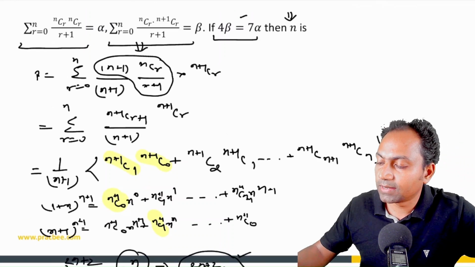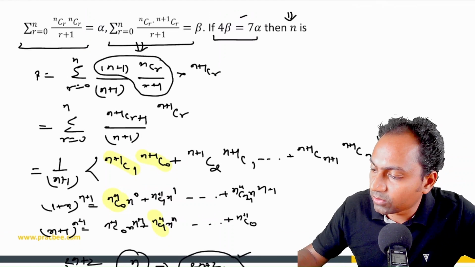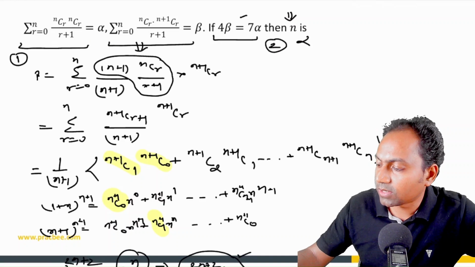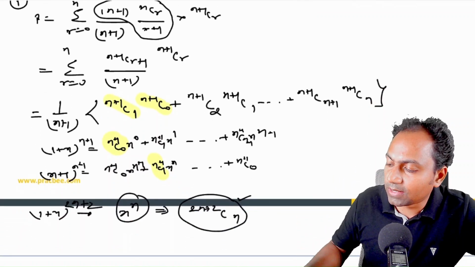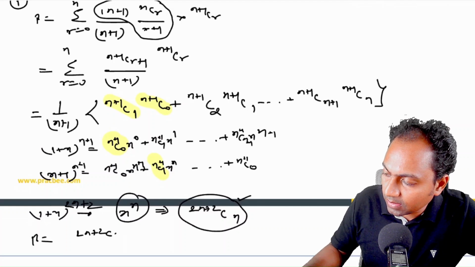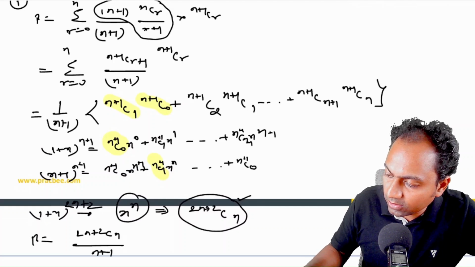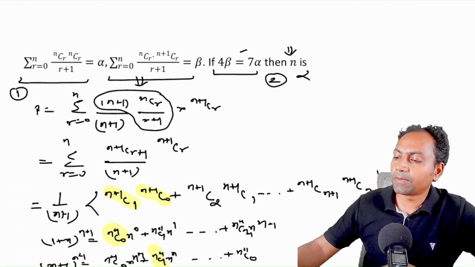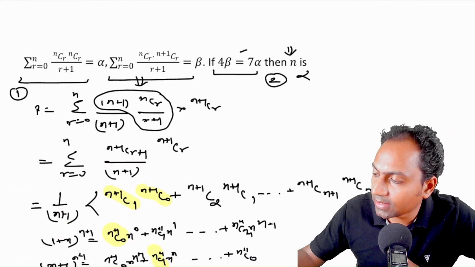Now in the second, if I do a similar kind of calculation, this is for beta. If I do the similar kind of calculation for alpha, you can see that for beta, there was 1 upon n plus 1 waiting outside, so we can write that as well. This is what we have got. Now for the alpha part, again I can do the same thing.